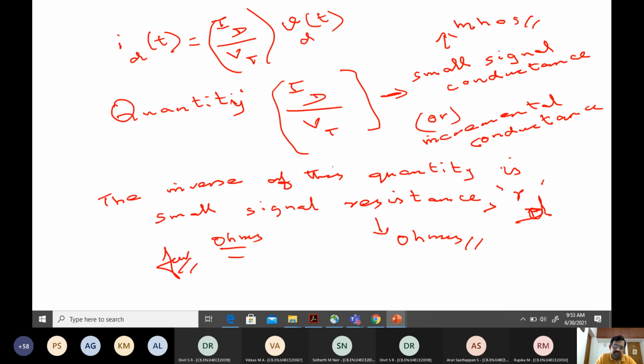So what we have done is we have been able to define the small signal resistance. What is the implication? If I were to put it, we have superimposed a small signal over a DC. As a result, we are able to bring out a parameter called small signal resistance or incremental conductance, or you can say incremental resistance also.